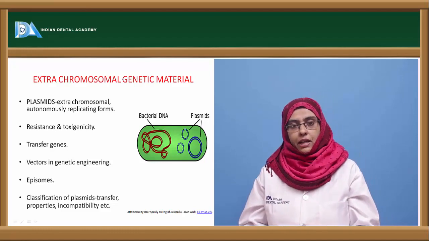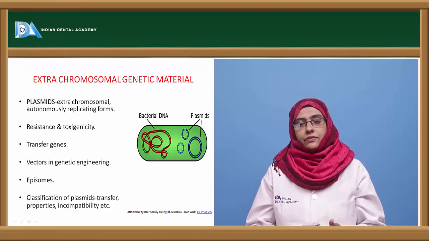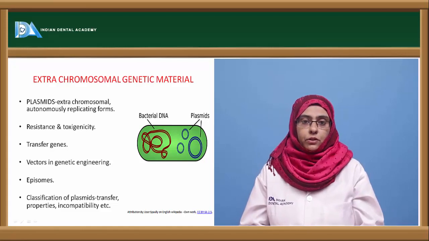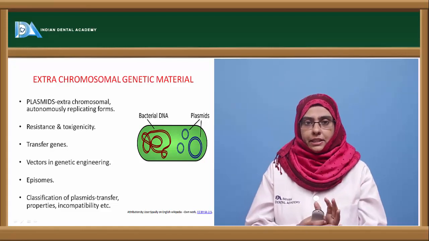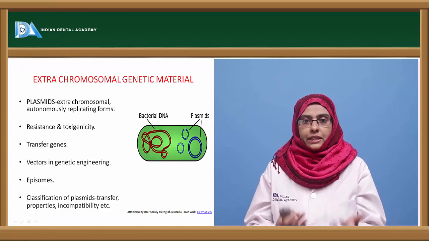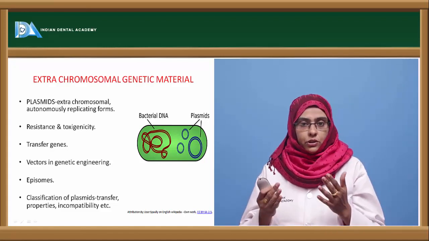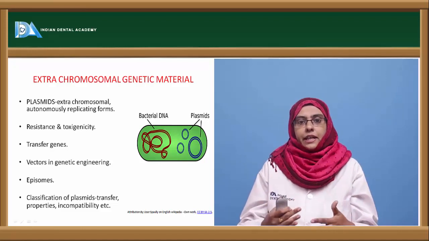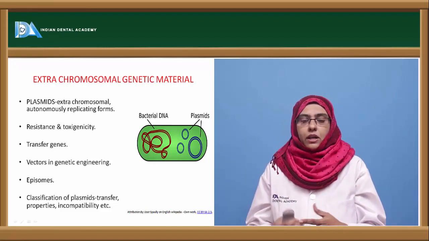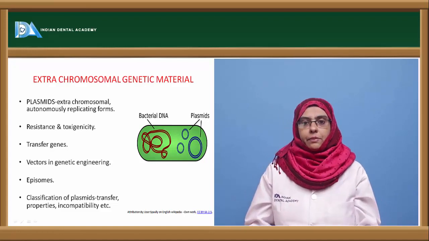Apart from that, there is an important classification called incompatibility grouping. Here, closely related plasmids cannot stay in a single bacterial cell, so they cannot stably coexist in a cell. Different types of plasmids can coexist, but not the same or closely related plasmids. This is called incompatibility typing.